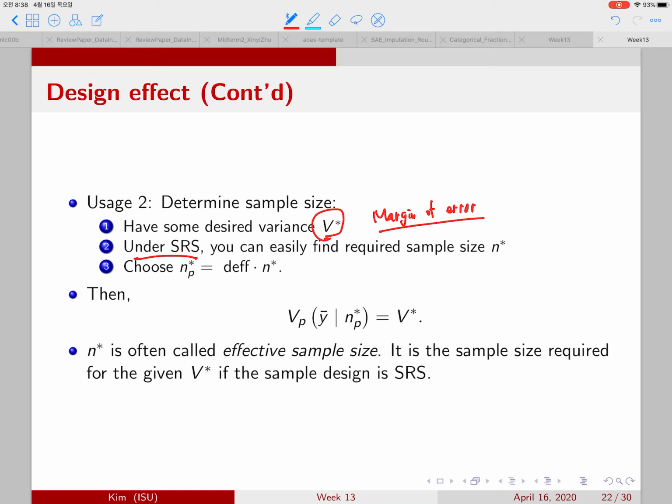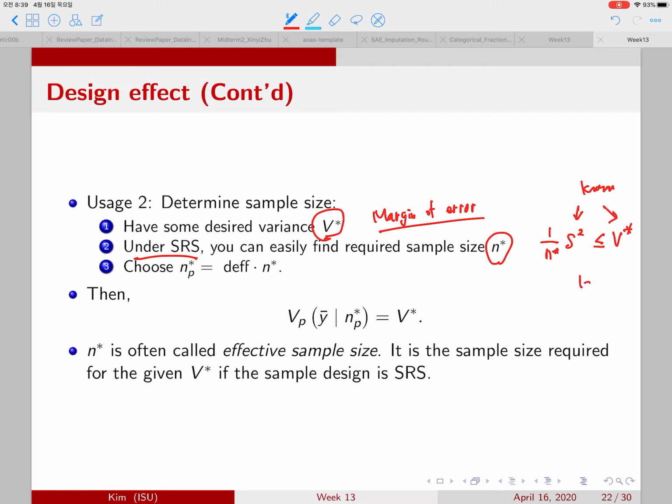If s square is known and V star is given, then we can compute the sample size n star for simple random sampling.